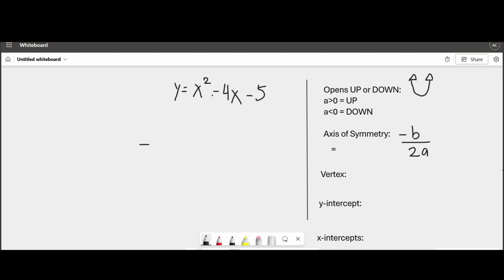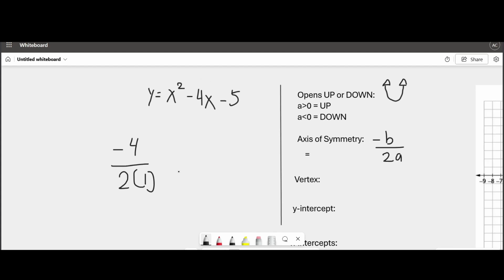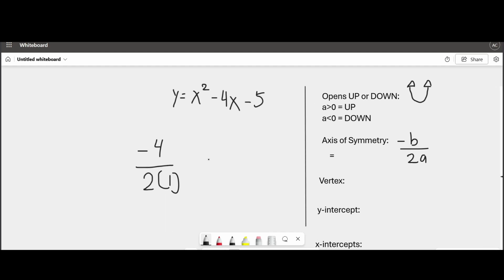We know that a is 1 because there is a 1 here. Then what's b? Exactly, it's 4. Let's write down 4 here, then 2 times a, which is 1. Now we just have to simplify that. Negative 4 divided by 2 is equal to negative 2.